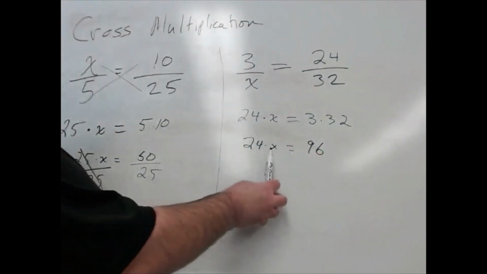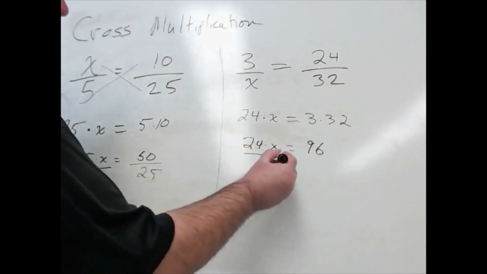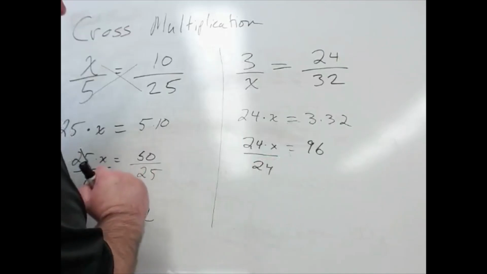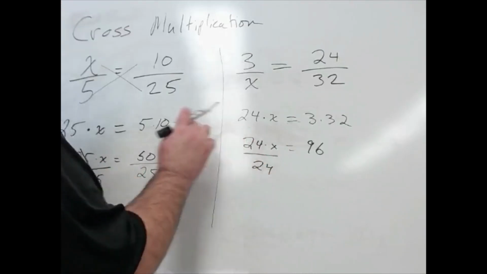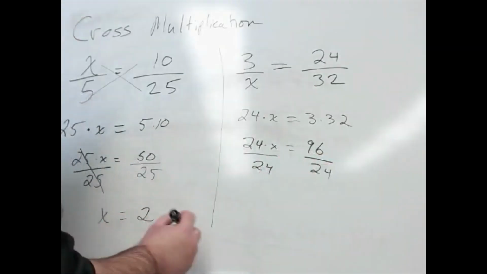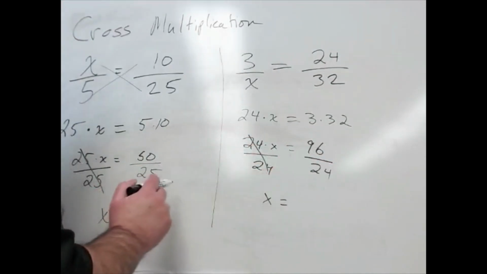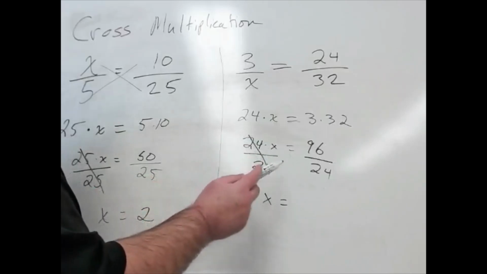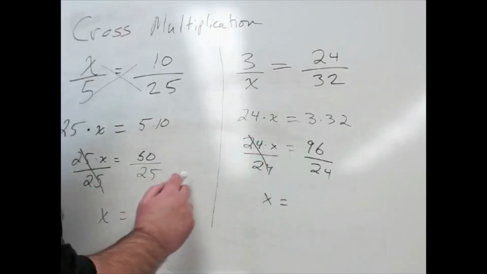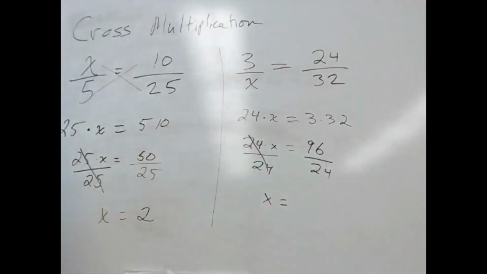Now to solve for x, I need to get rid of this 24, so I would have to divide by 24. What I do to one side of the equation, I do on the other side of the equation. 24 divided by 24 gives me 1, so 1x. And then 96 divided by 24 gives me my final answer of 4.